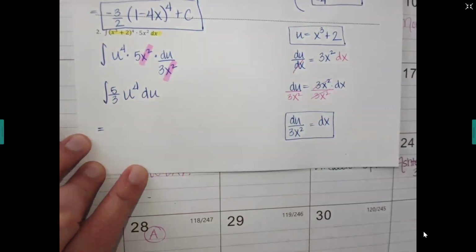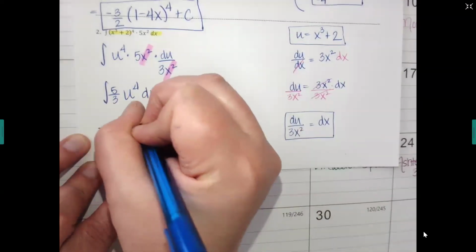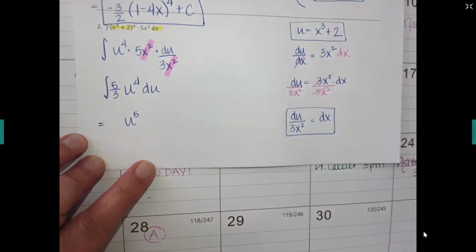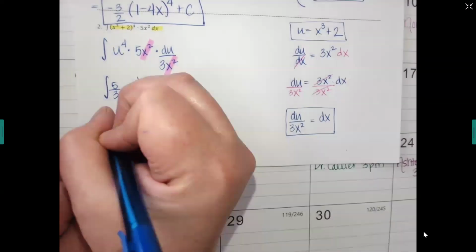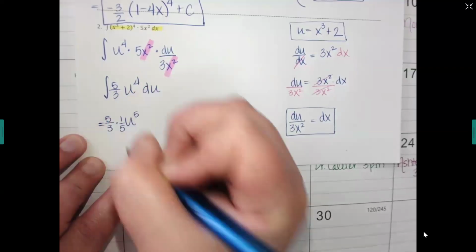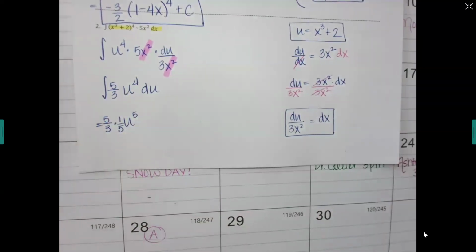Add 1, what's the new power? 5th. And then what do I do with the 5 after I increase the power by 1? Okay, technically I'm dividing it, which is the same as multiplying by the reciprocal. So if my u goes to the 5th, I have to divide by 5, which means I put a 1/5 right here. Don't forget your plus c.